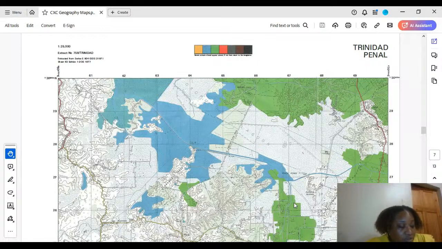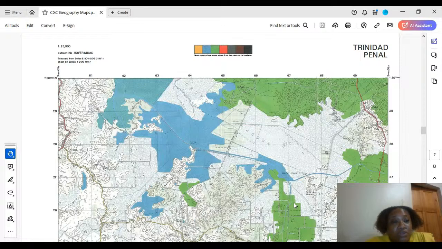They can also ask you in terms of drainage and settlements, and they will go on to ask you sometimes about cultivation, in terms of distribution of the crop. So remember, if they ask you about distribution of a particular crop or vegetation, they're going to ask you about vegetation, whether vegetation is natural or cultivated, right?